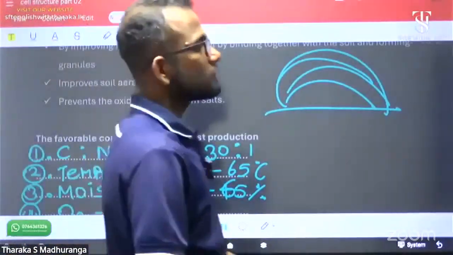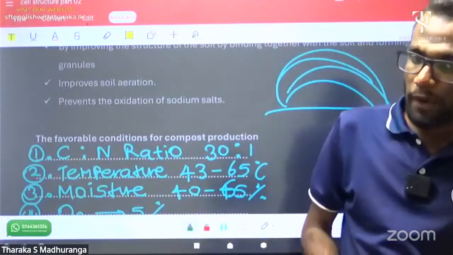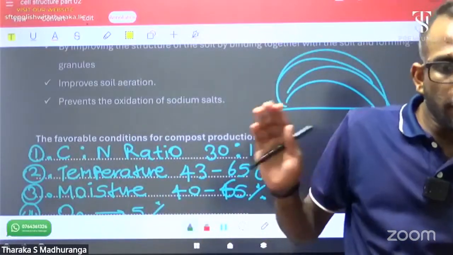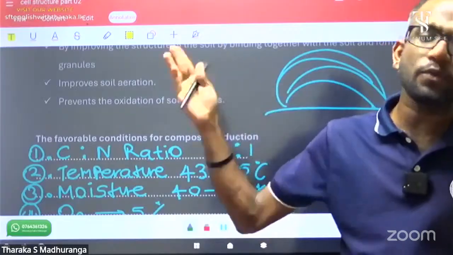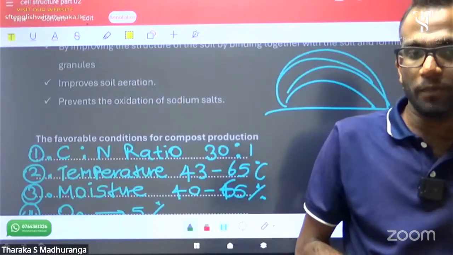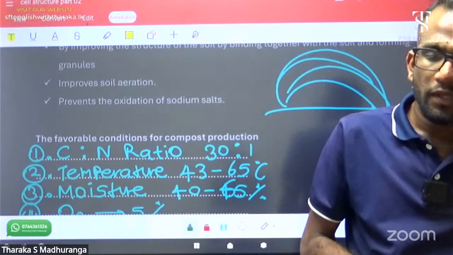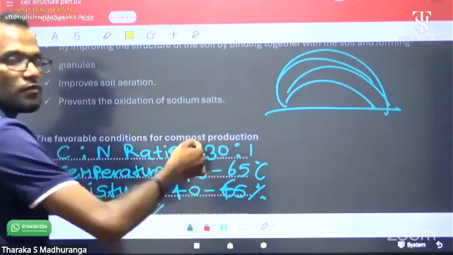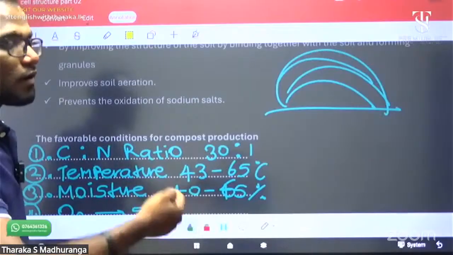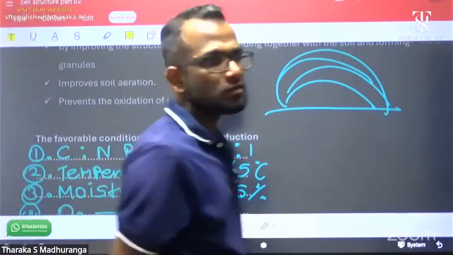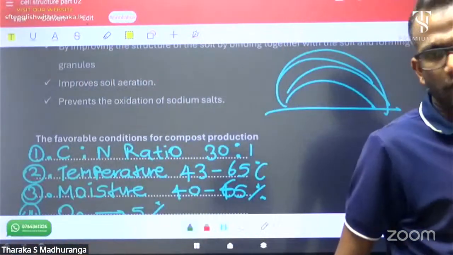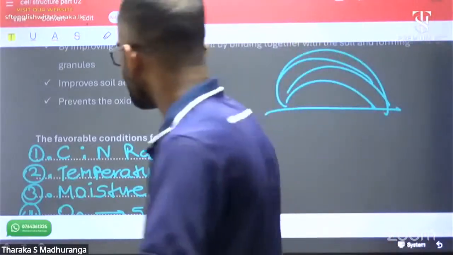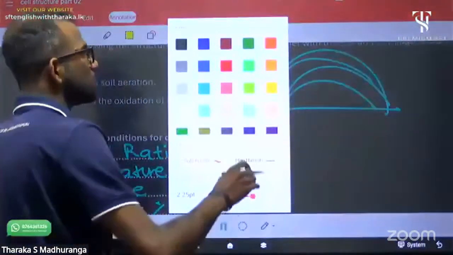Now think of an organic material pile in natural conditions. It may take more than 2 to 3 months to decompose and produce humus. But if we give these favorable conditions, within 21 to 28 days we can get compost. We can accelerate the decomposition process.